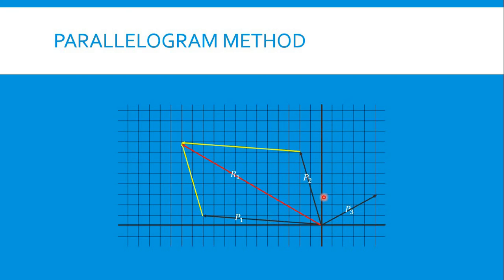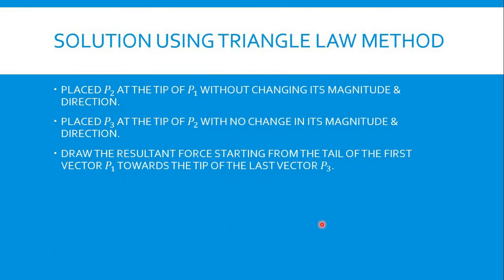So the next step is to combine resultant 1 and P3 to form another parallelogram. And then after that, we could draw a diagonal line starting from here up to here, so that the total resultant of these three forces could be obtained. And this is the total resultant.